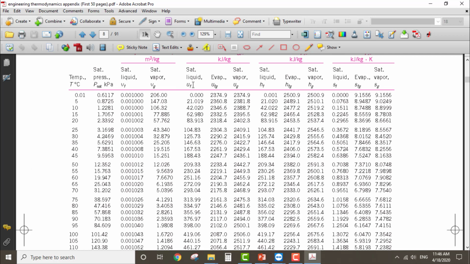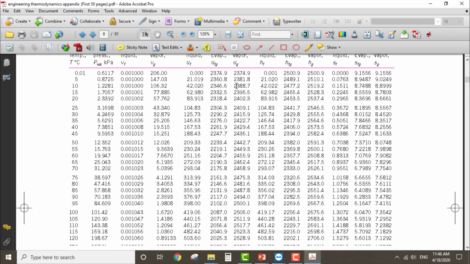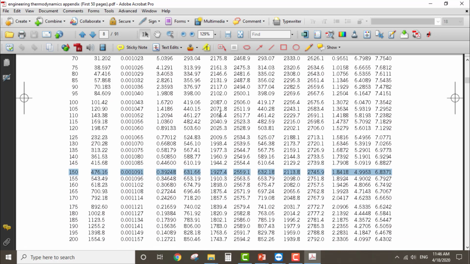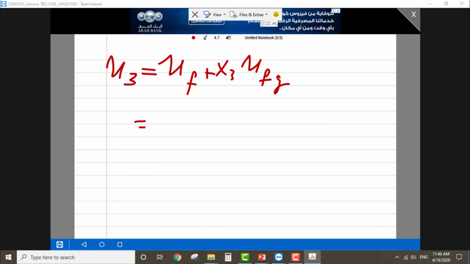The fifth up to seventh column. Okay, here is the value. So here we have 631 as uf, and 2559 as ug, or we can take the ufg, which is the subtraction of ug minus uf.